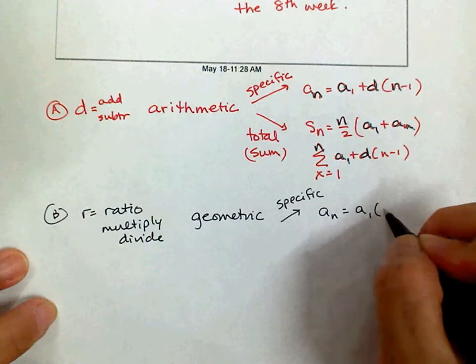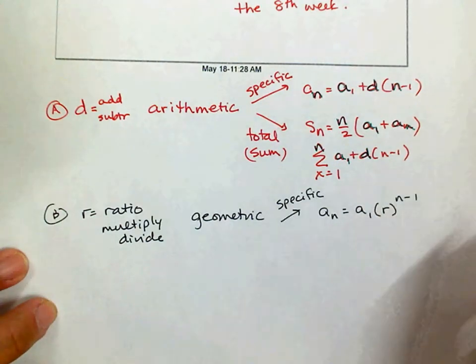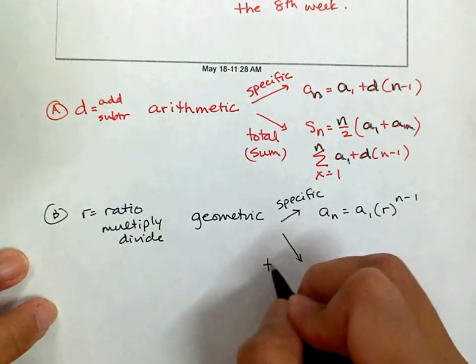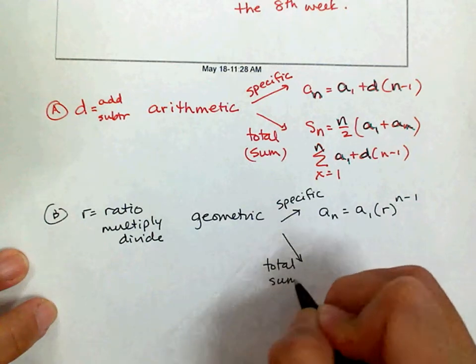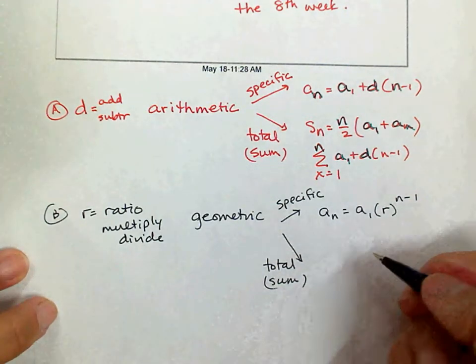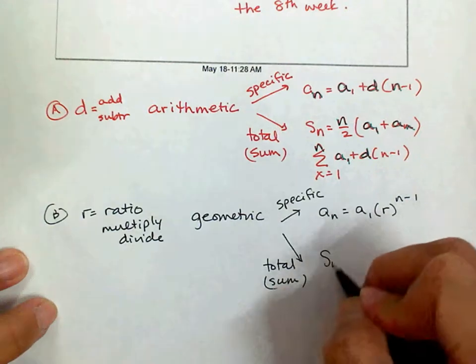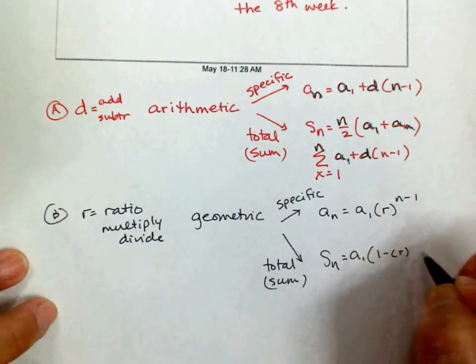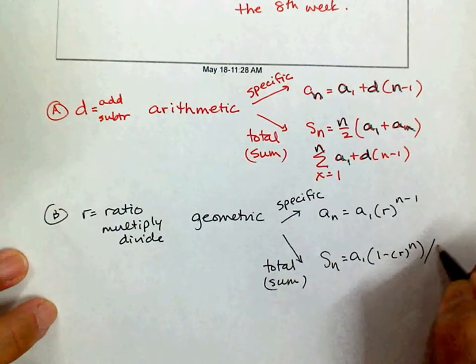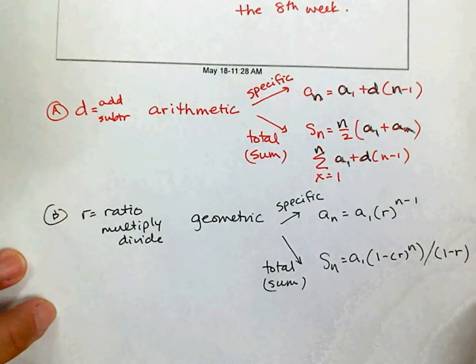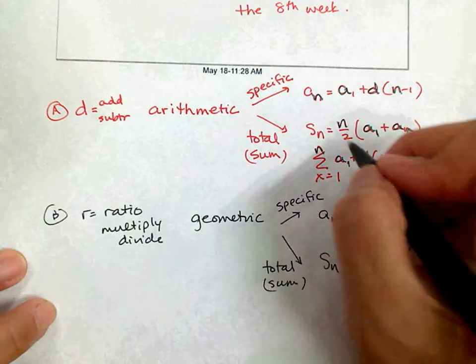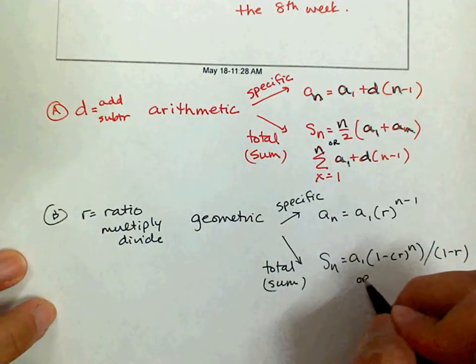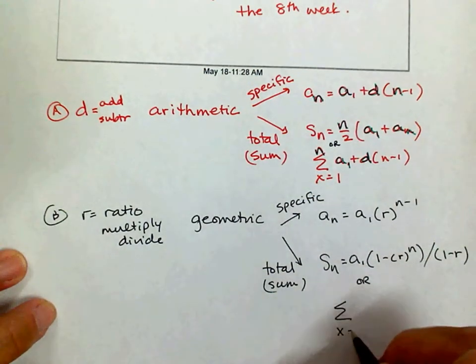If you're looking for a total or a sum of something or all of something, you could use your S sub n: first term, times (1 minus R raised to the n), divided by 1 minus R. Or, I should write or here, you could use your sigma, first term, your n, and then your explicit formula.